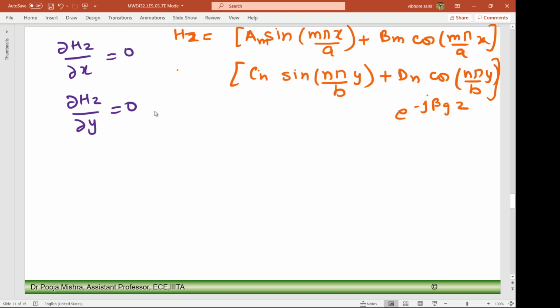So whenever we differentiate this Hz with respect to x, what will happen? Del Hz by del x.